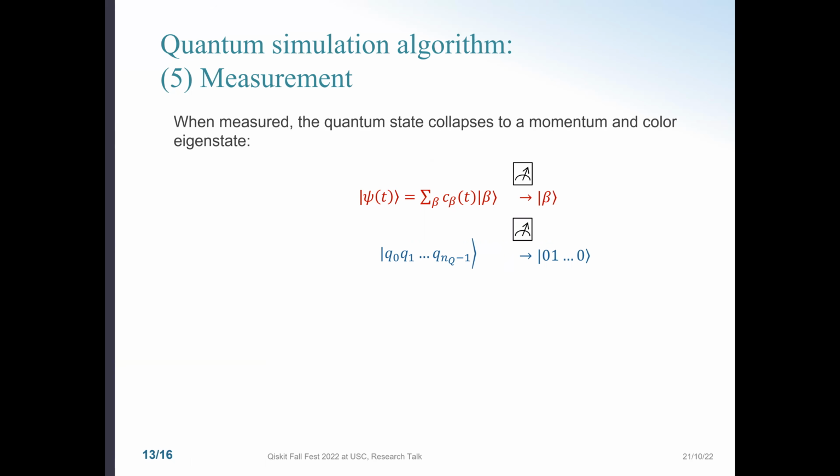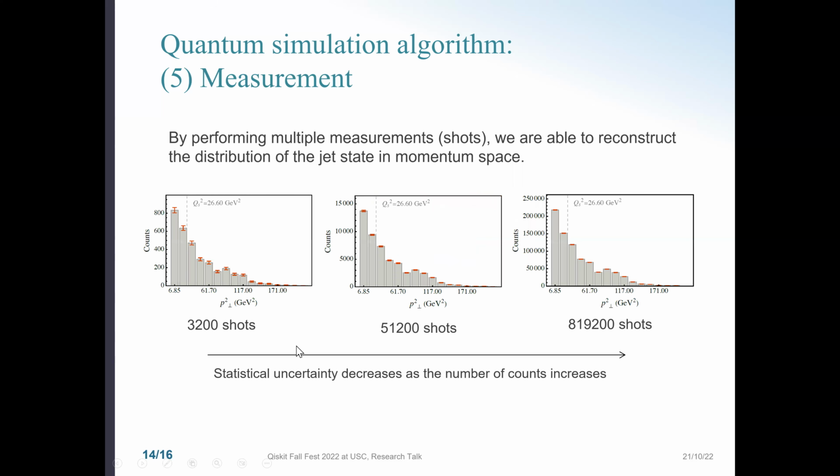If I write it out in the qubits, each of these Q0, Q1 can take 1 or 0, and once measured, it also collapses to one of the states. So if I want to look at how the state is distributed in momentum space, I need to do multiple measurements, because each time I only get the state collapsed to one of the momentum modes. As you did in the exercise, you need multiple shots to get the probability. So that's how we do the measurement.